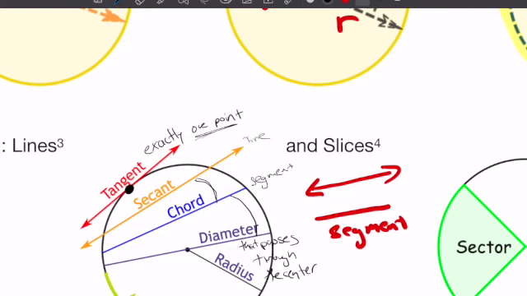The other type of measure we have is an arc. An arc is a segment because it has a fixed length that's on the circumference of the circle.